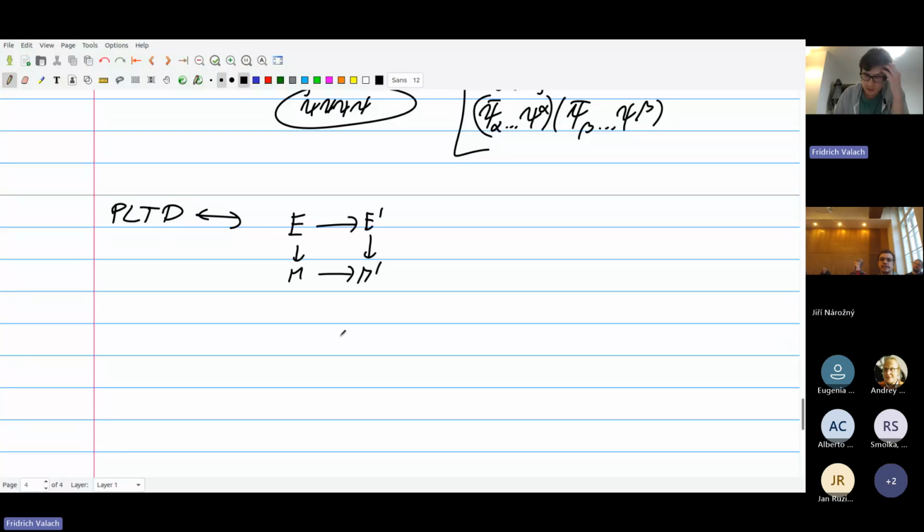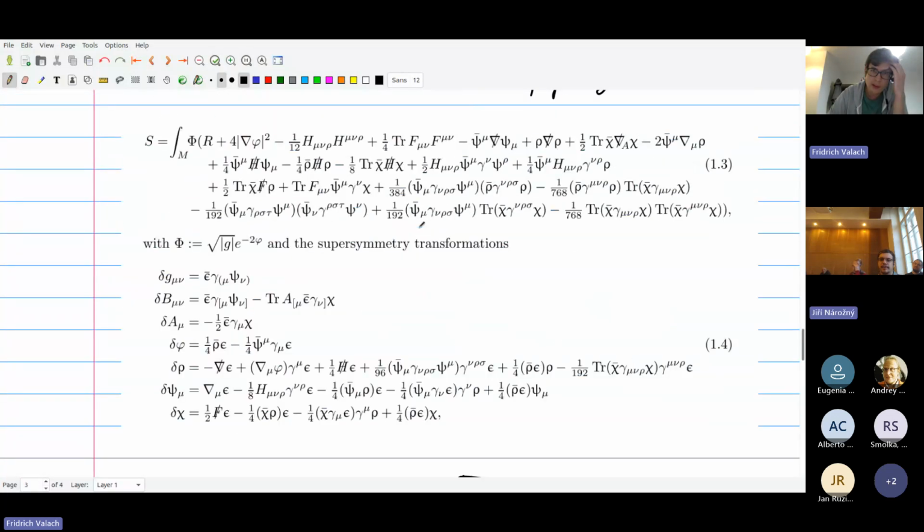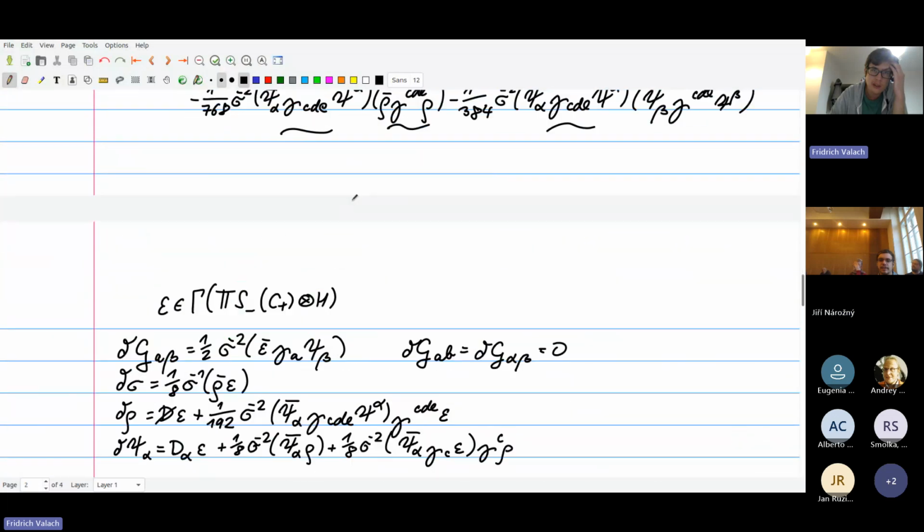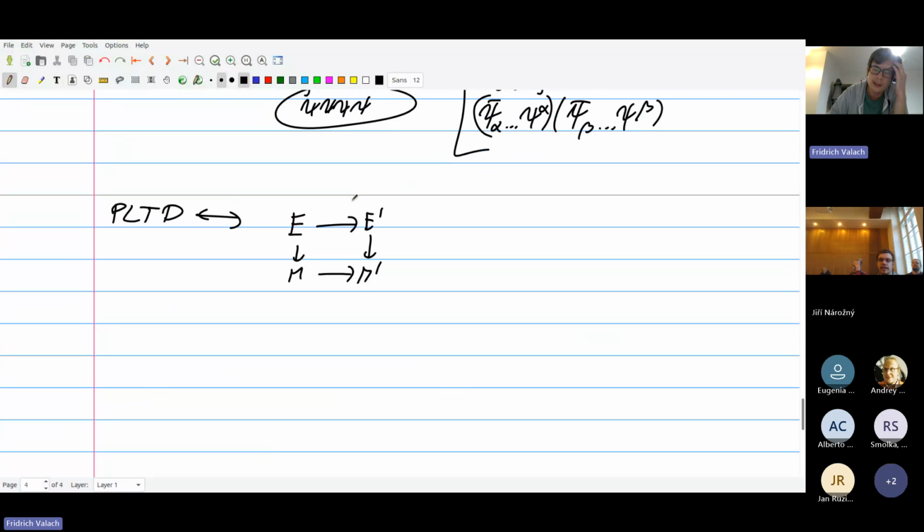And the claim is that the operators, such as the scalar curvature or the Dirac operators, are natural with respect to these pullbacks. Hence, when you have some field configuration here, you pull it back here. And if it satisfies the equation of motion here, it will satisfy the equation of motion here. And then you can imagine that you have two different pullbacks and they are dual to each other.